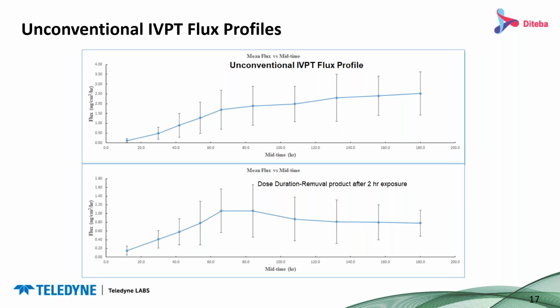We encountered a scenario where the traditional flux profile, with initial absorption rate increasing, reaching Jmax, and followed by declining at the various time points, was not observed despite collecting IVPT samples over a week. In fact, at each consecutive time point, flux slightly and continuously increased.